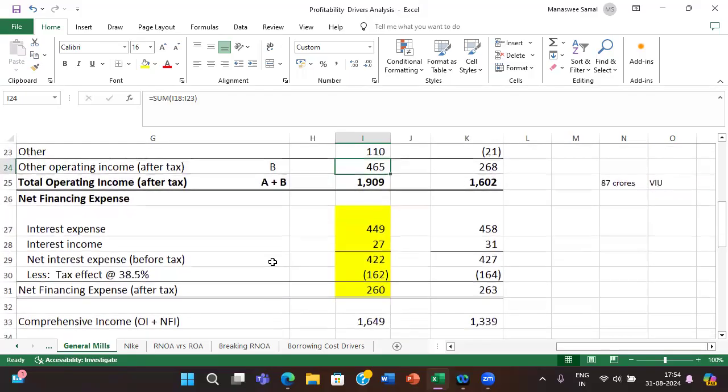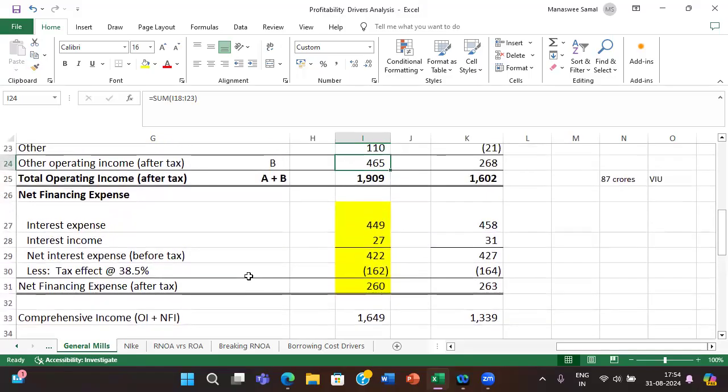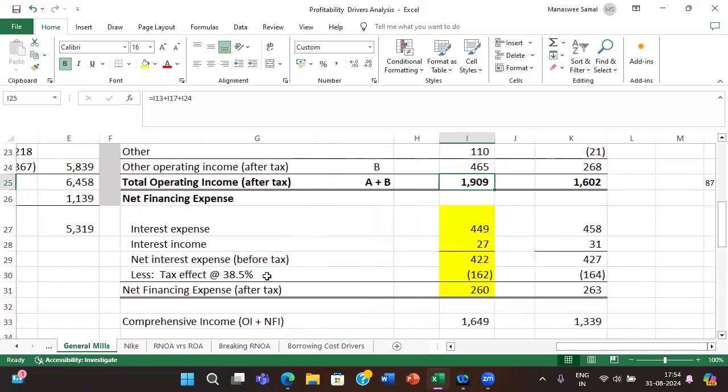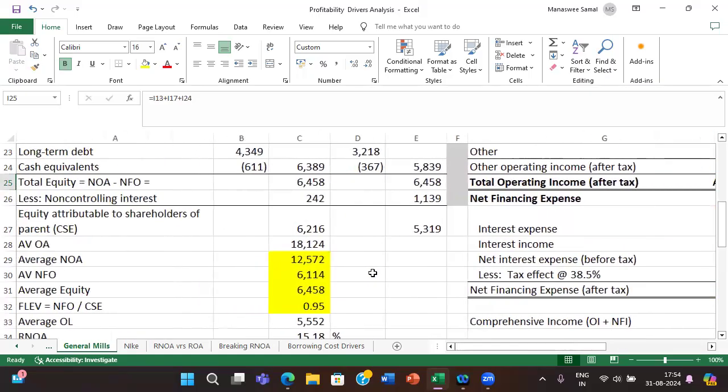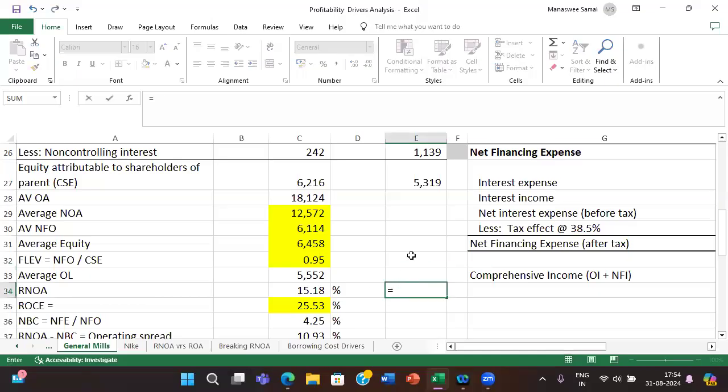Okay. Yeah. So then I think all the figures are ready. In this case, we'll just use this aggregate operating income 1909. So we're back to the calculation. We have all the figures with us, and then we calculate RNOA. I'll just use this cell. RNOA should be operating income divided by average NOA.